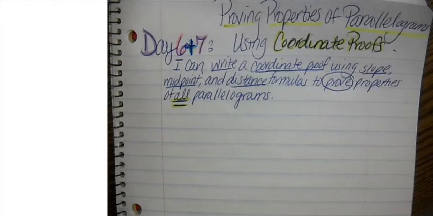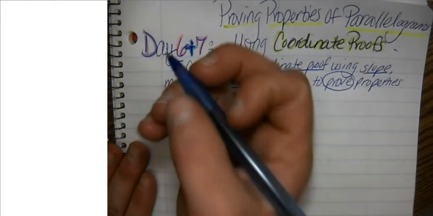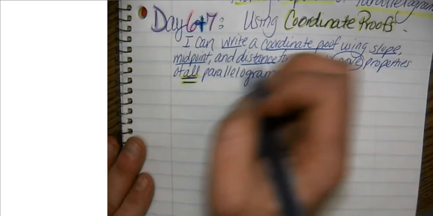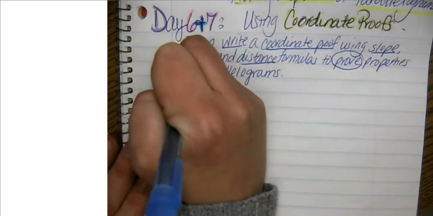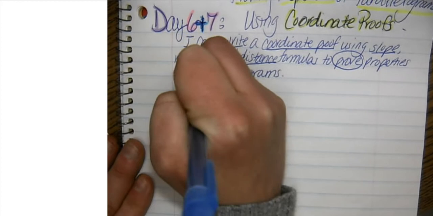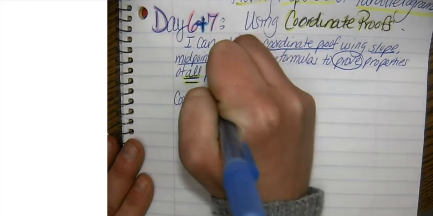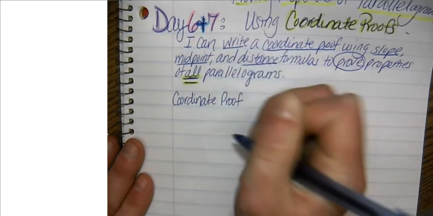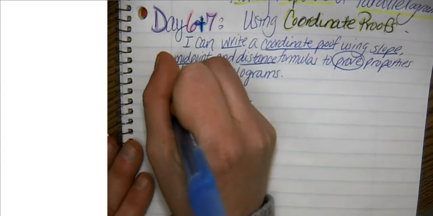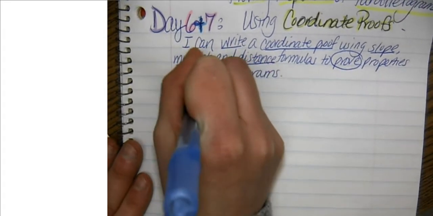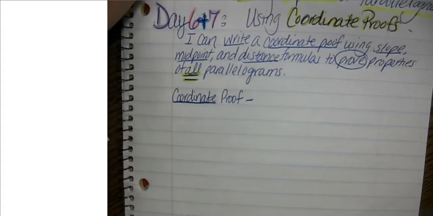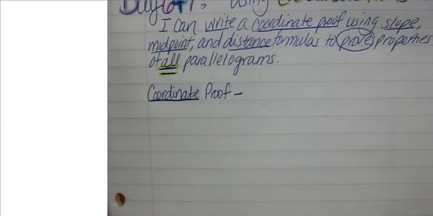All right, let's go ahead and start off by defining a coordinate proof. So the word coordinate proof has a really awesome word in it, coordinate. So that means that we're going to be working with ordered pairs.